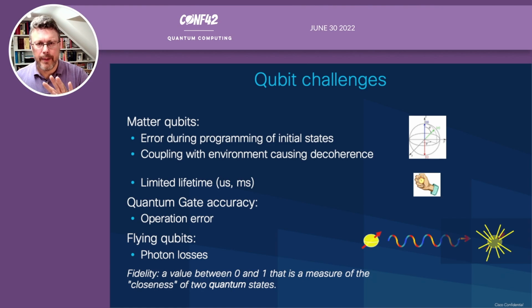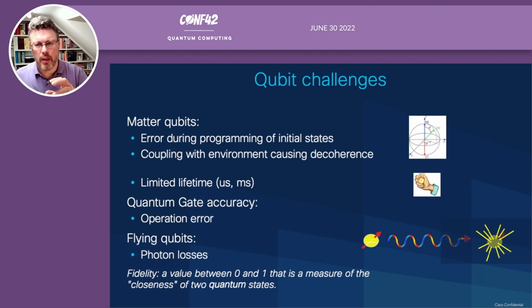That causes problems. Now, these are the kinds of challenges that we face at the qubit level, but it's also important to know that we're looking at the health of that qubit too, the health of the entanglement that qubit has, and that's usually referred to in terms of fidelity. And fidelity is a measure between 0 and 1 that indicates how good something is, how accurate or how well matched the entangled qubits happen to be.